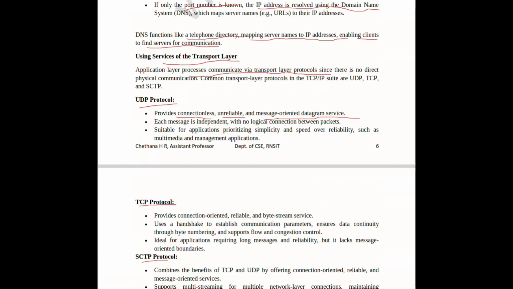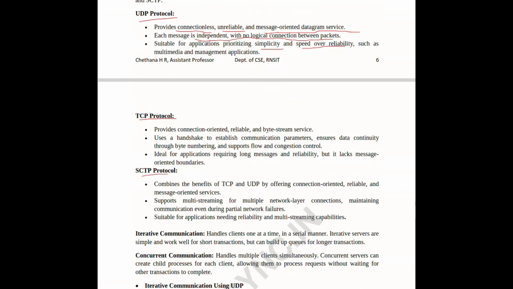The message is being given importance, which means it is independent, no logical connection between packets. It prioritizes simplicity and speed over reliability, and gives importance to multimedia and management applications.